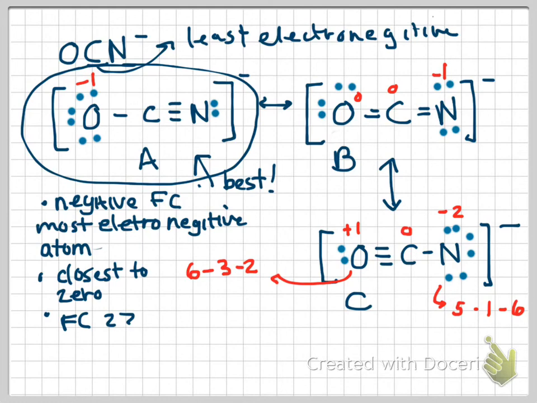So if I'm going to have a negative charge, I'm going to want to have that negative charge sitting on my oxygen. In the structure here, I have a positive charge on oxygen, and oxygen is very electronegative. It does not want to lose or give up any of its electrons, and so that's a highly unlikely structure to exist. And then nitrogen is not quite as electronegative as oxygen, so oxygen is more likely to hold on to those electrons. So that concludes my video on formal charge. Thank you.